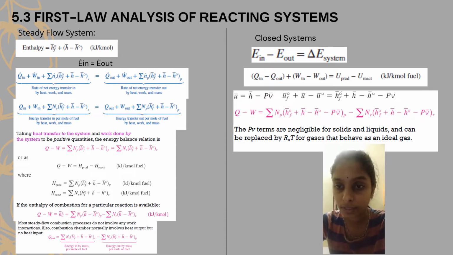Most steady flow combustion processes do not involve any work interactions, and also a combustion chamber normally involves heat output but no heat input, and the formula is shown in the slide. The next is closed systems, where the PV terms are negligible for solids and liquids and can be replaced by RT for the gases that behave as an ideal gas.